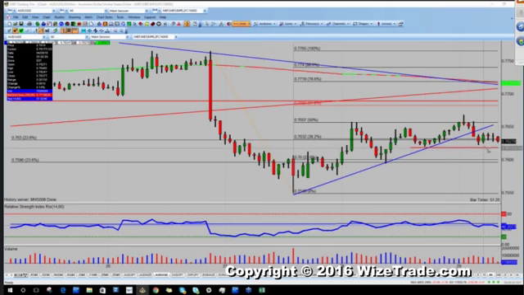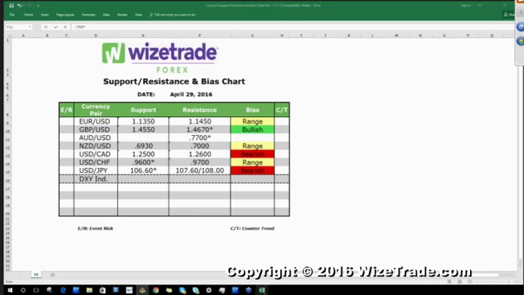Below 76.20, which we're pretty close to, you're talking 75.50.